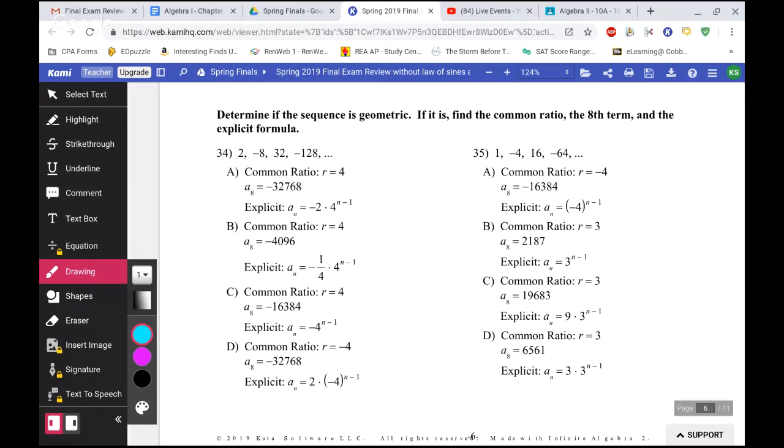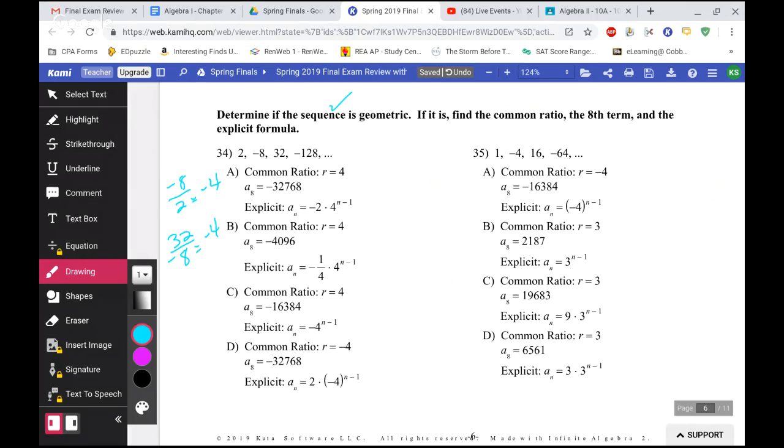So, first of all, the first thing that we want to do is confirm that it is geometric by taking the second term, dividing it by the first. We get a common ratio on this first part of -4. Then we'll take that third term, divide it by the second, and we once again get a -4.